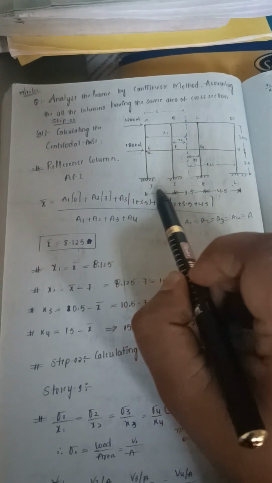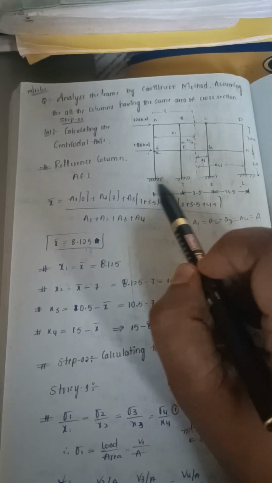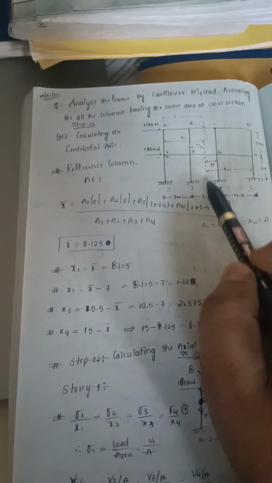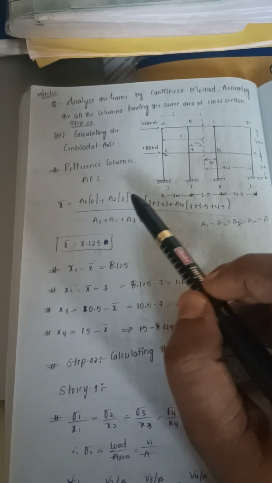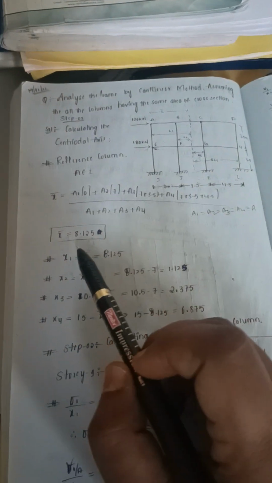Next, x2 means the distance between the first column and the second column, that is 7. Next, the distance between the first column and the third column is x3. In the centroid formula, x3 is the total distance, and x4 is also the total distance. So a4 into the total distance. So from here, considering a, we will get x bar.